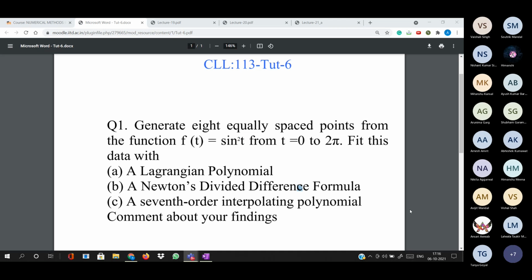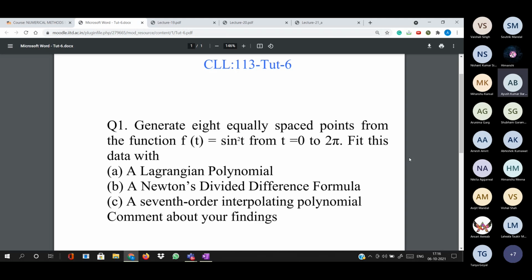See, if you want to keep the session interactive, then only it is meaningful to come here. Otherwise, these three codes are anyways available on the internet. You can Google it and just submit the assignment. So just interact so that more clarity comes and you get more perspective.